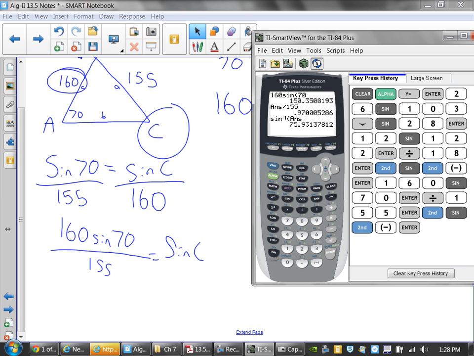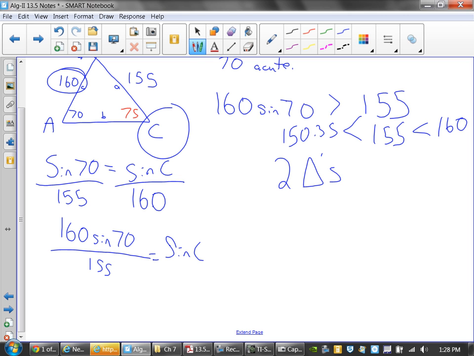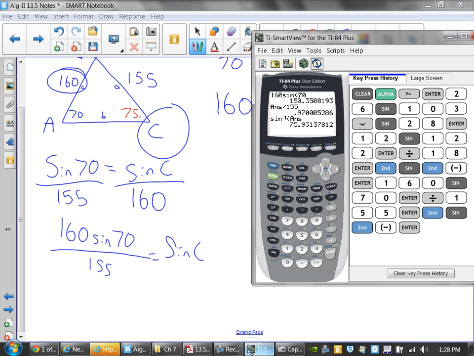So that's giving me an angle of 75.93 for angle C. Is it 83 or 93?